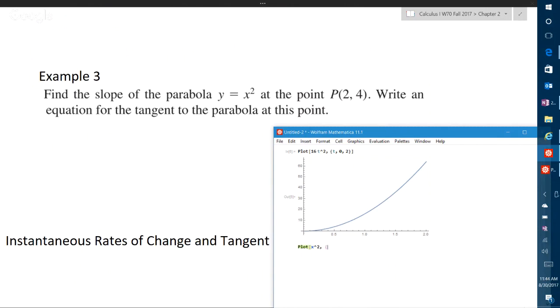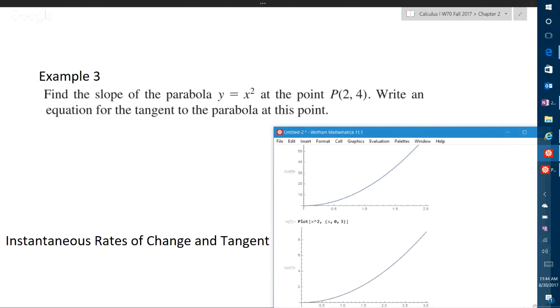Now we want to investigate the slope at the point 2, 4. So we should have a fairly big interval, I think. Let's go, okay, maybe not too big. Let's just go to 3. Now the variable in this case is x. So I'm going to type x. I'm going to start at 0, and I'm going to go to 3. And once again, to actually get the output, you have to hold down shift and then hit enter. And it'll spit out the graph.